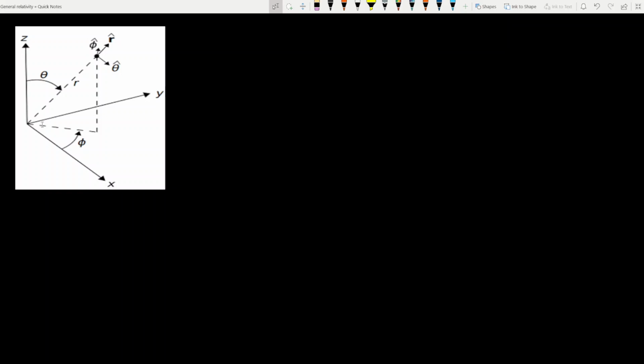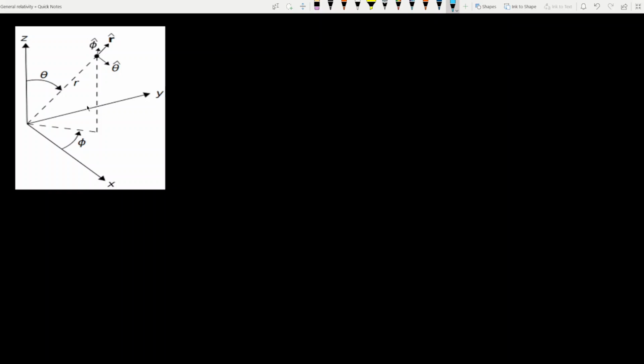Now, we have this direction vector. We have these direction vectors r hat, theta hat, phi hat. Now we want to be able to express them in terms of i hat, j hat, and k hat. How do we find that?